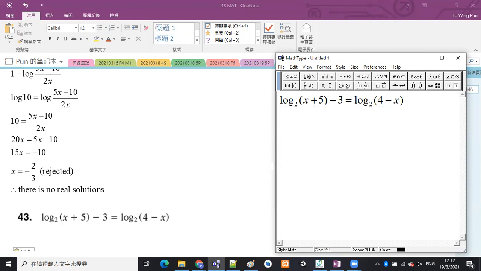Okay, so let us move the logs together and move the number to the opposite side first. So log (x plus 5) base 2, and then minus log (4 minus x) base 2 is equal to 3.